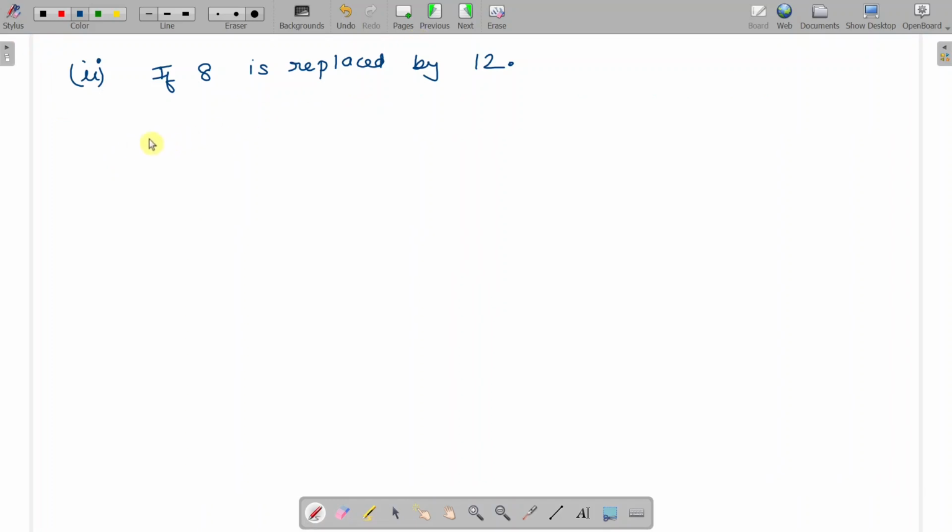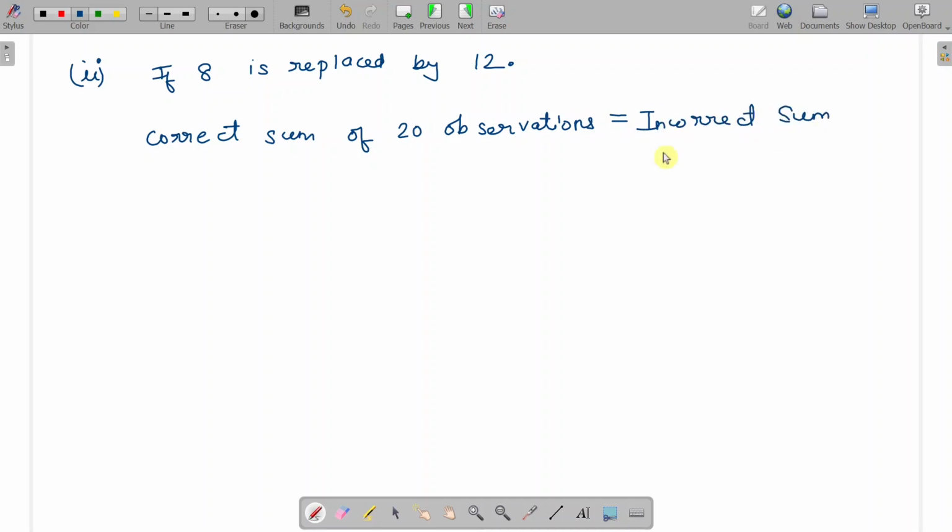Okay, now let us look at the correct sum of observations. Correct sum of 20 observations, because the wrong observation is replaced. So the correct sum of 20 observations is equal to the incorrect sum of observations, right?